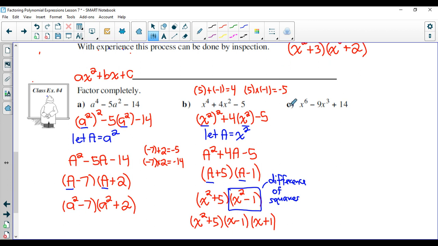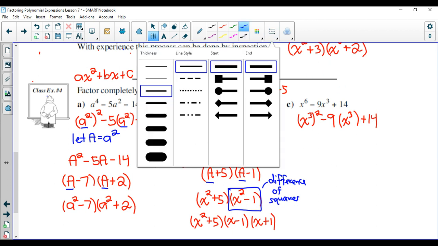So if we do that in this situation, I want to get what squared would be x to the power of 6. It's going to be x cubed squared, okay? Because x cubed squared, 3 times 2, is going to be 6. And then we'd subtract 9x cubed plus 14.